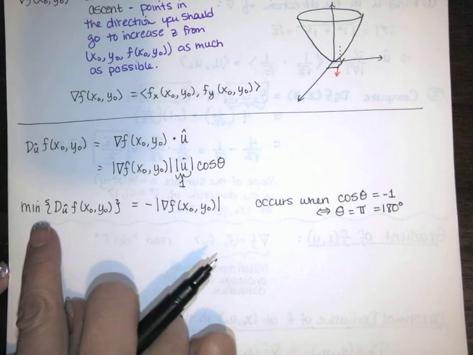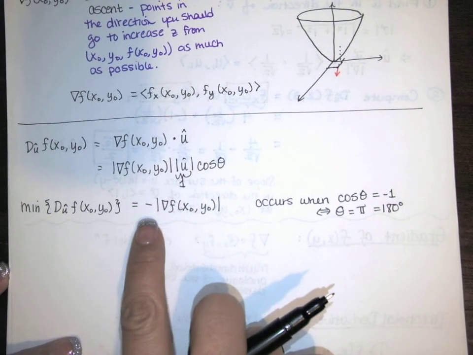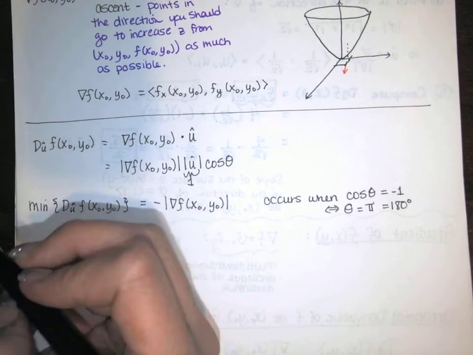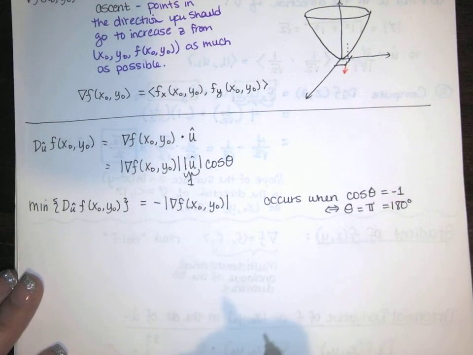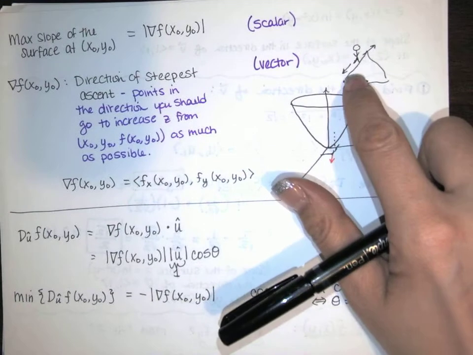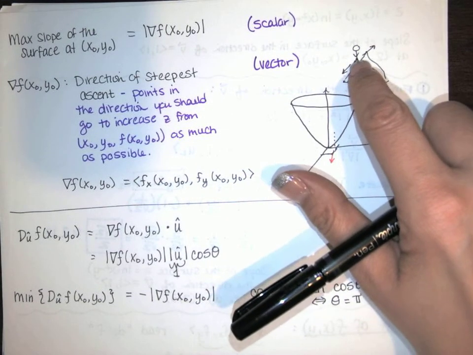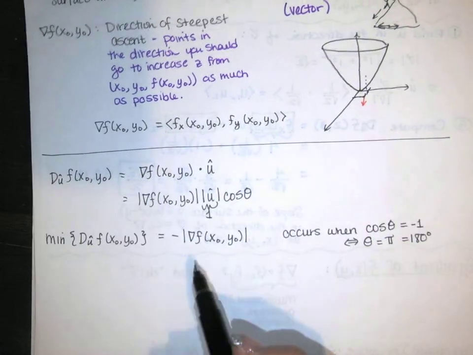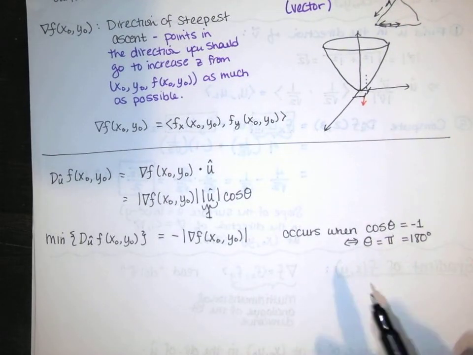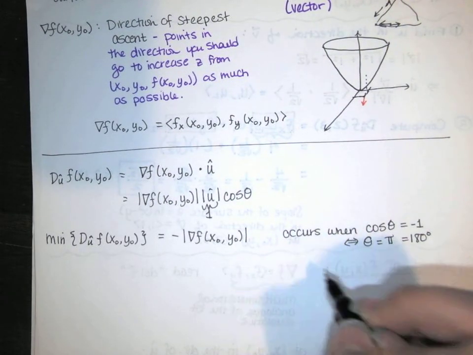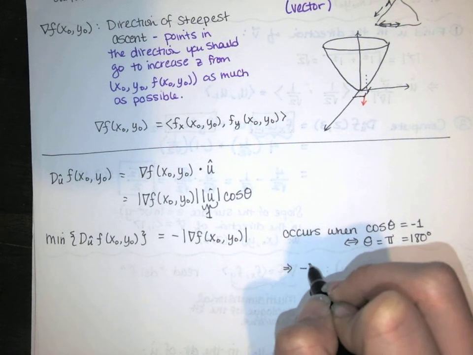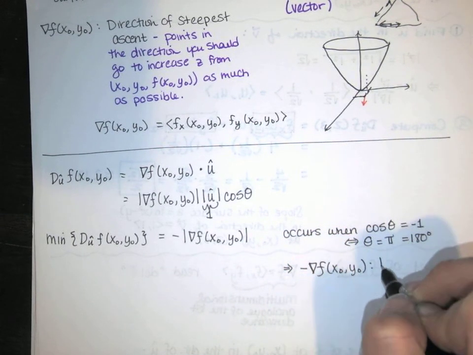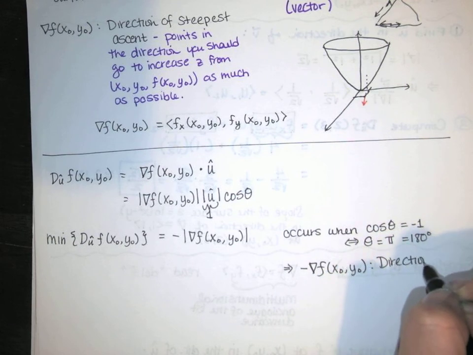So the minimum value of the directional derivative is -1 times the magnitude of the gradient, and the direction of steepest descent, that is where the slope of the surface is as steep as possible but negative, is given by the opposite of the gradient vector. So the negative gradient at that point is the direction of steepest descent.